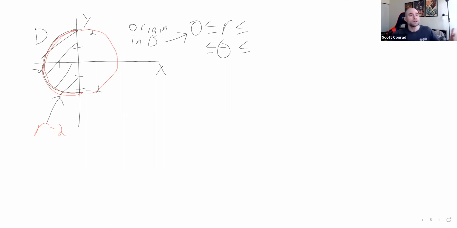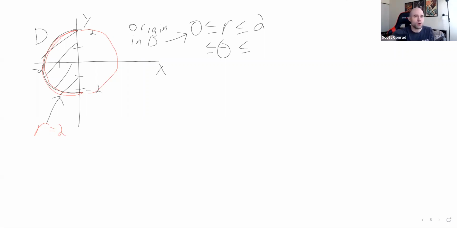So it's good to know that r equals r naught is a set of points of distance r0 from the origin, which is a circle centered at the origin of radius r0. Does that make sense? Sorry, I don't want to spend too long on this, but it's important that you understand this. So r is going to go from 0 to 2. We look at the points closest to the origin.